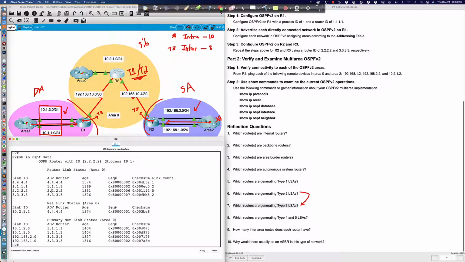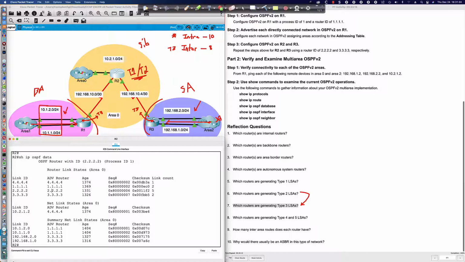And router 3 is also spreading rumors into area 0. And again, from area 2, it'll come into area 0. It'll make its way over to area 1. But right now, think of it like this. Router 1 and router 3 are spreading rumors into area 0 about network reachability information behind the area border router. But are they giving me anything else? Do I know anything else? No.